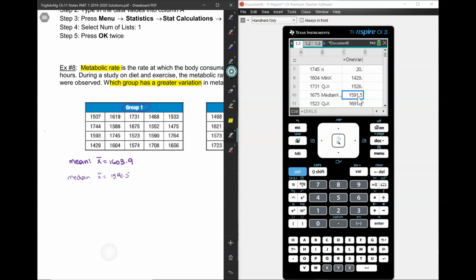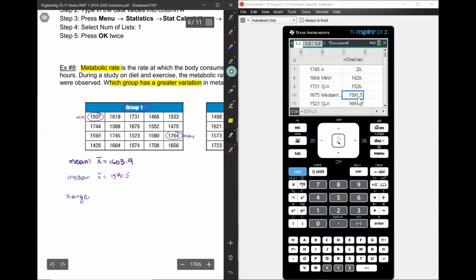What we also need here is the range, and we can calculate that ourselves. For the range, we need the highest number and the lowest number. This is the minimum, 1507, and if you search for the maximum, it's actually 1764.